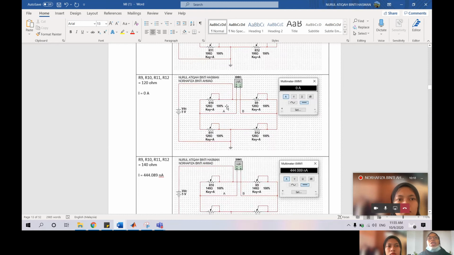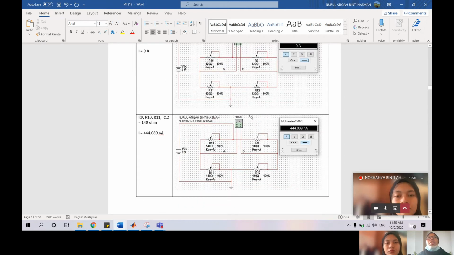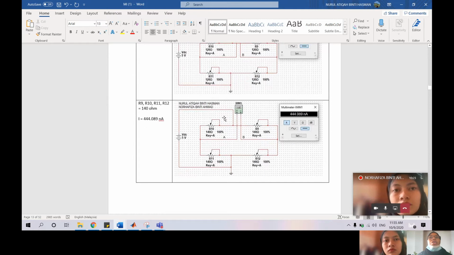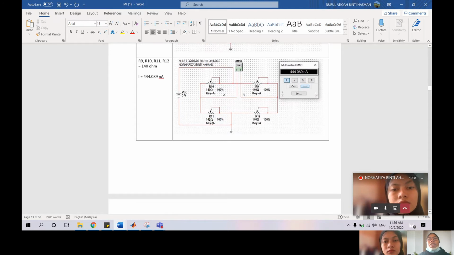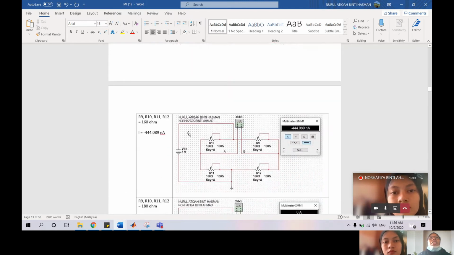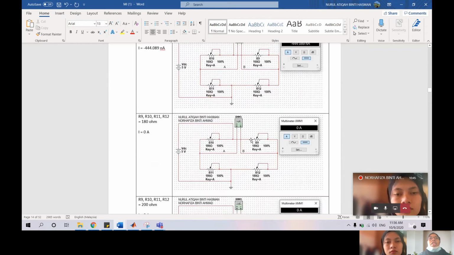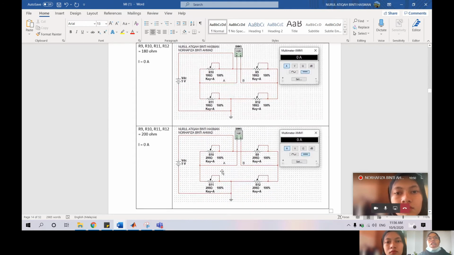This is 120 ohm, also the same. But when we use 140 ohm, it becomes a smaller value of current, which is 444.089 nanoampere. The next one is 160 ohm. This is the circuit for 180 ohm, and the last one is 200 ohm.